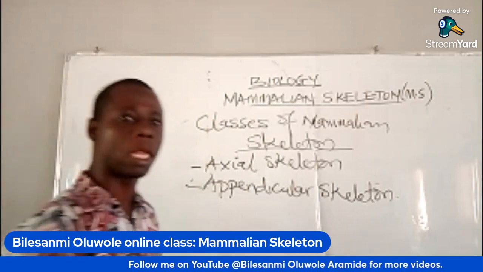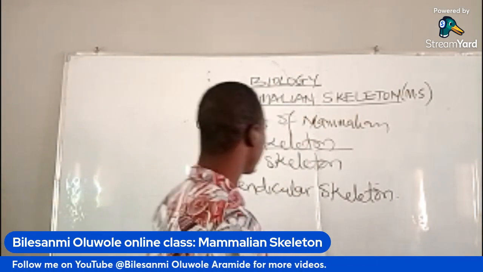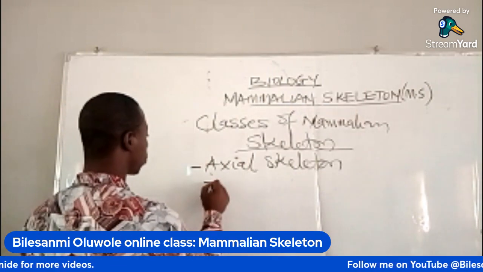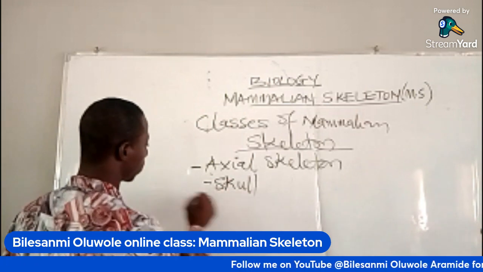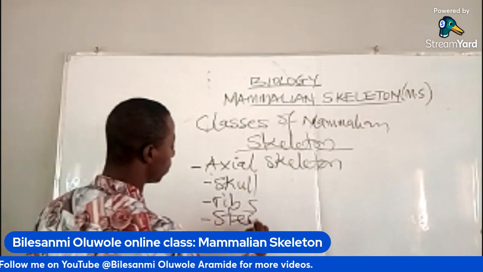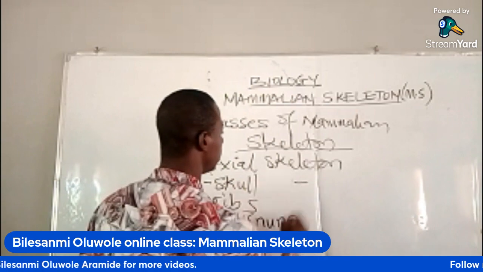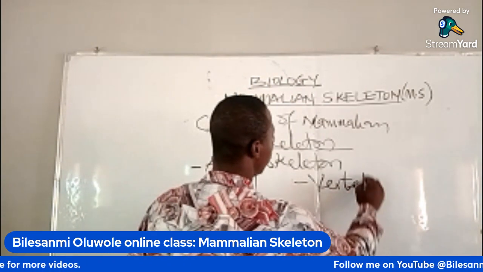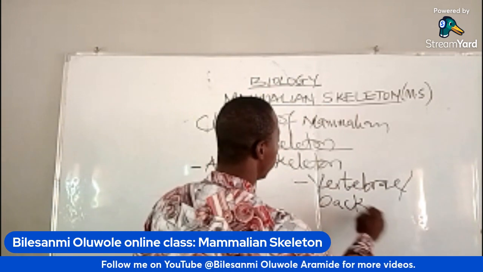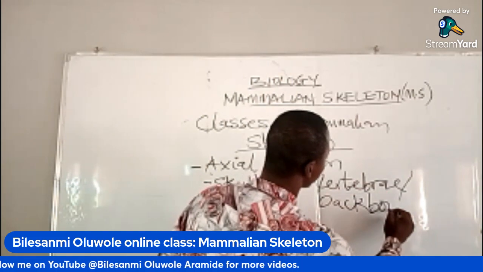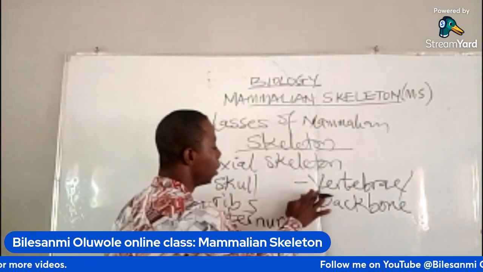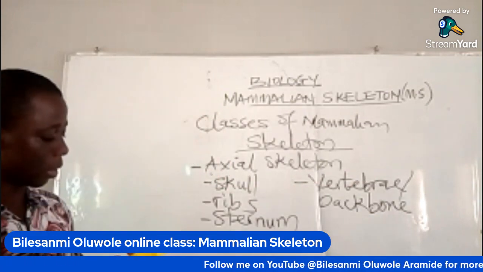It is composed of the skull, the ribs, the sternum, and the vertebrae, which is also known as the backbone or vertebral column. Everything together is referred to as vertebrae.